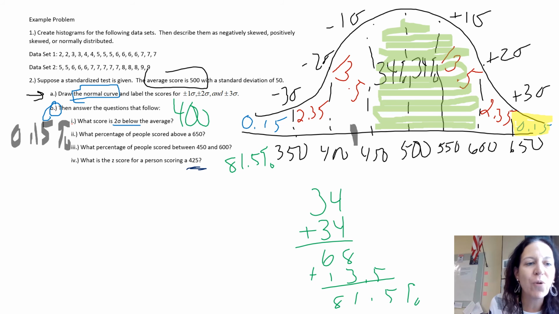And remember what z-score is. Z-score is the number of standard deviations above or below the average. So 425 is below, which means that the z-score is negative because you're going below the average. How many standard deviations did I go below? I went 1 standard deviation below and then a half a standard deviation.